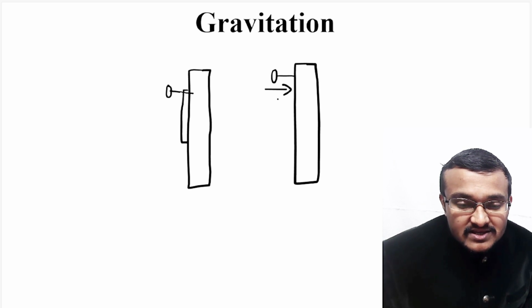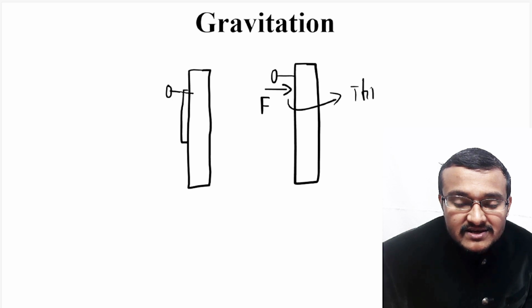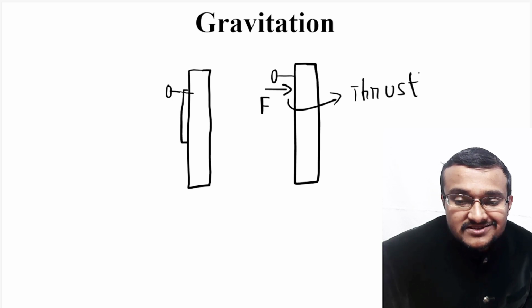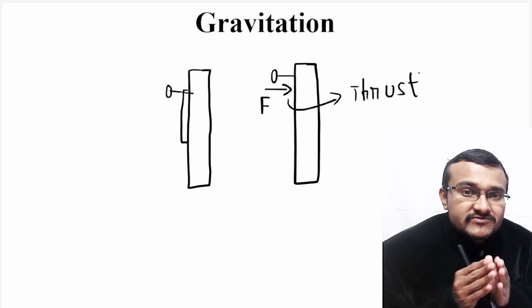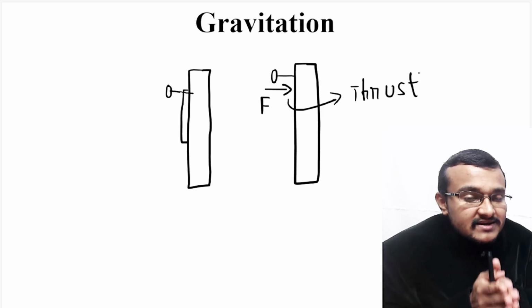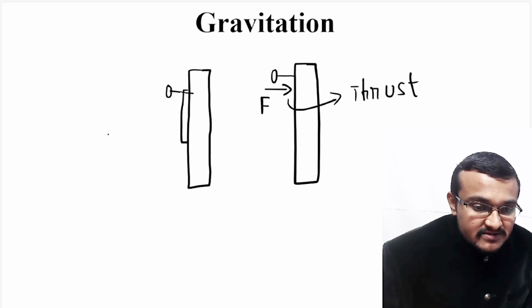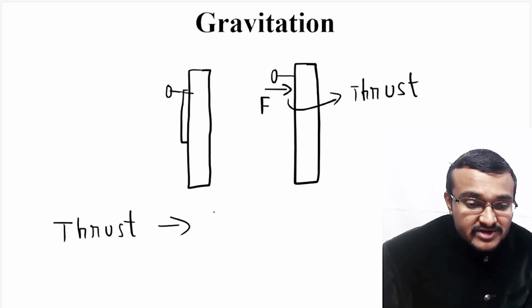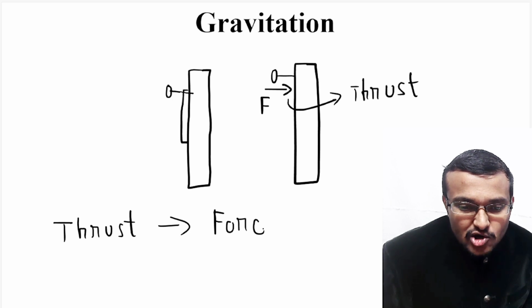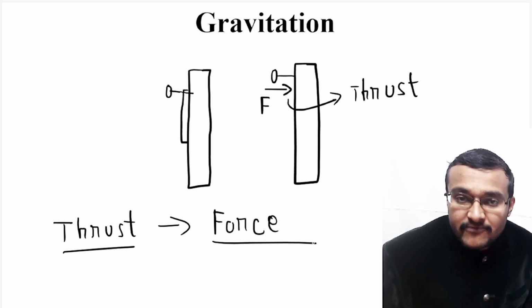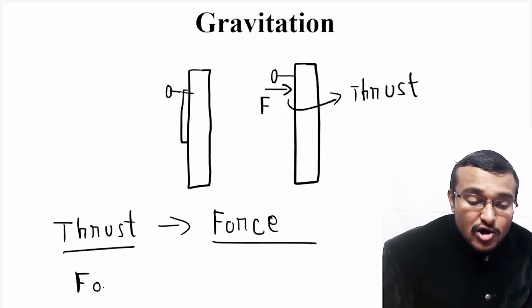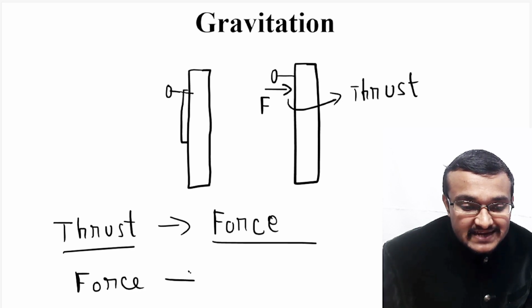So here the force which is acting perpendicularly onto this notice board, here thrust is created. So thrust is a component of force which acts perpendicularly to a surface. Always remember, every thrust is because of force. You can call thrust as force, but you cannot always call force as thrust.